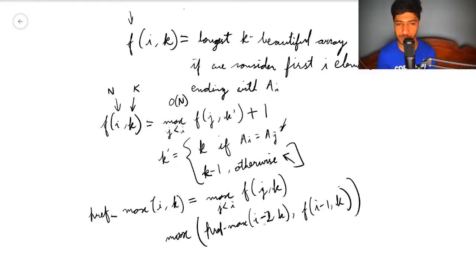If you take the max of both, that will be the prefix max of f i, k, where k is the constant.